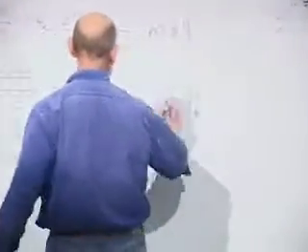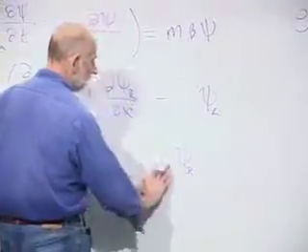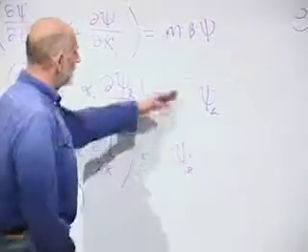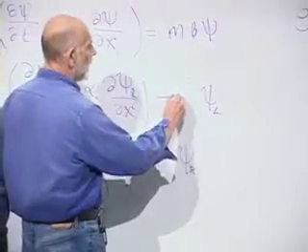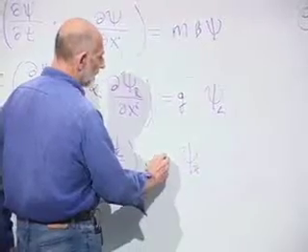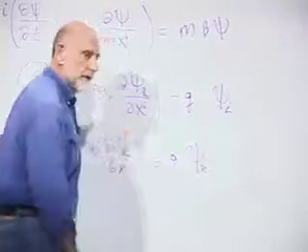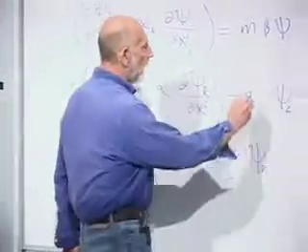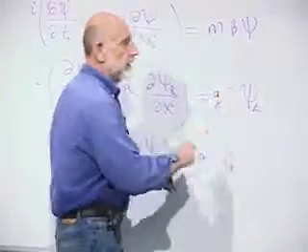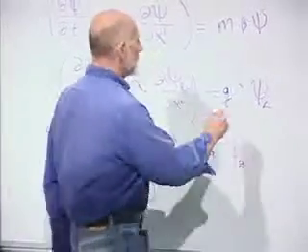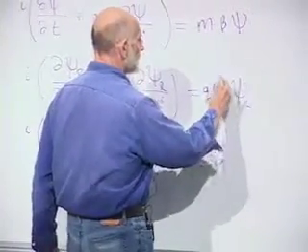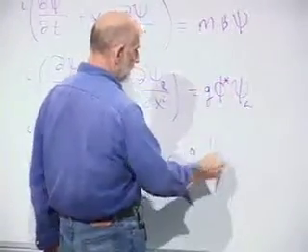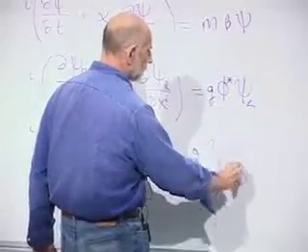Let's throw the mass out for the moment and put in here some unknown numerical constant, which we'll fix later, times phi star times psi left, and in the other equation times phi.